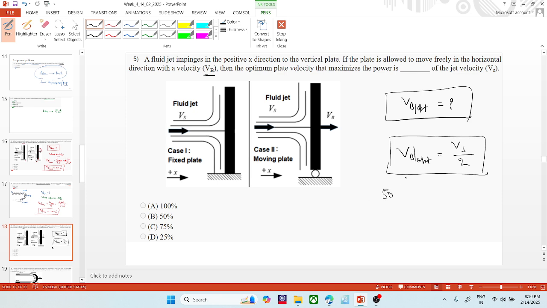In other words, we can say that it is 50% of Vs. Which option is matching? Option B. So the optimum blade or plate velocity is coming out to be 50% of the jet velocity.